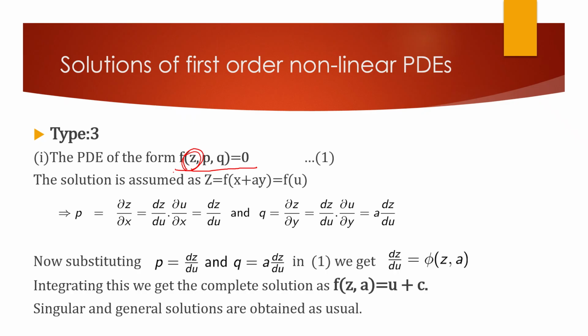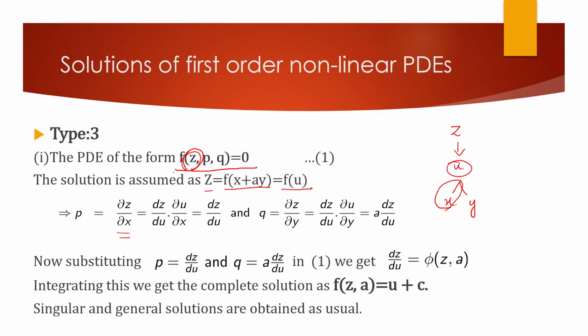Here the solution is assumed as z is equal to f of x plus ay. If we take this x plus ay as u, we have z as a function of u, but u is a function of x and y. For differentiating z with respect to x partially, dou z by dou x can be obtained as dz by du, first differentiating z with respect to u and then u with respect to x.